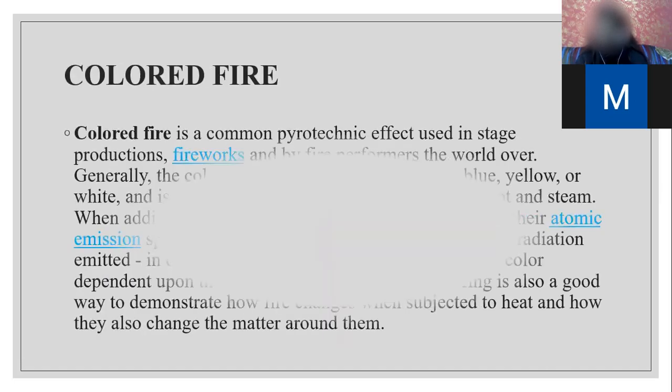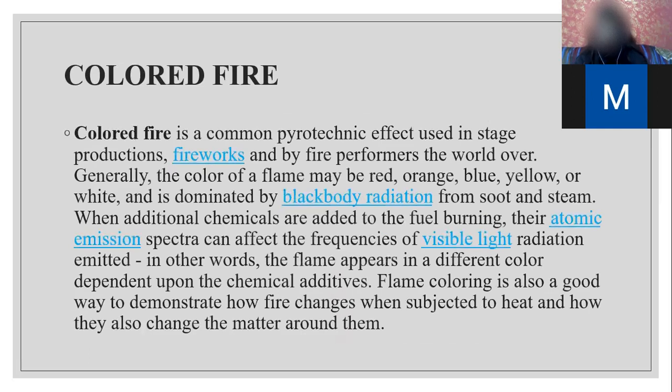Fireworks are also an example of colored flames. Colored fire is a common pyrotechnic effect used in stage production, fireworks, and by fire performers the world over. Generally, the color of a flame may be red, orange, blue, yellow, or white, and it is dominated by the black body radiation from soot and steam.